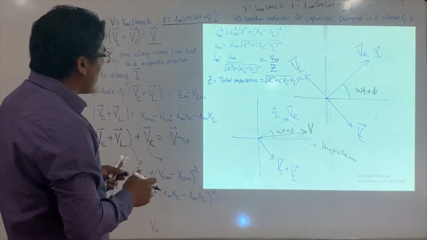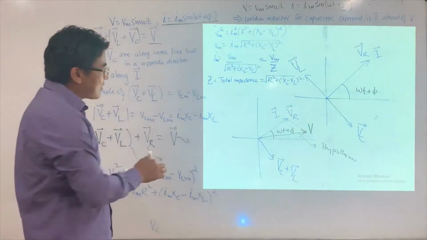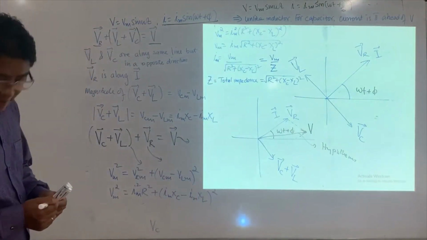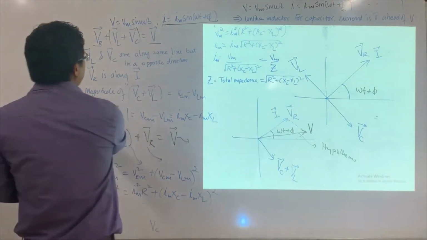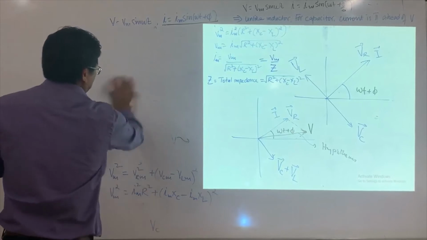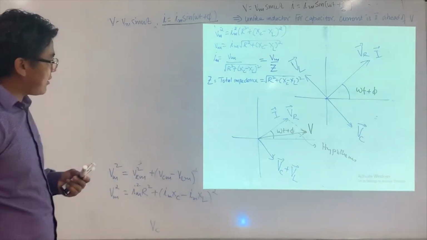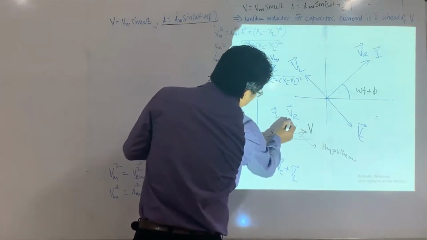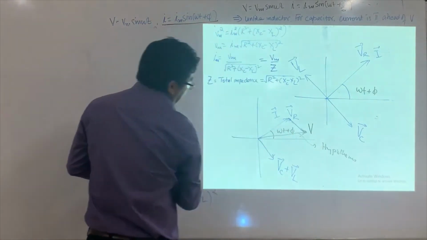And now we would like to find out what is phi. Phi is equal to, look at here, this becomes the perpendicular and this becomes the base.